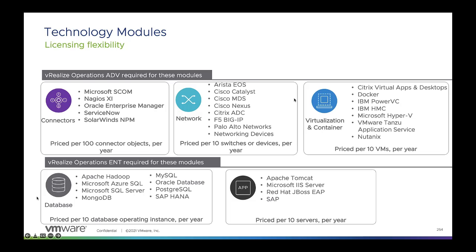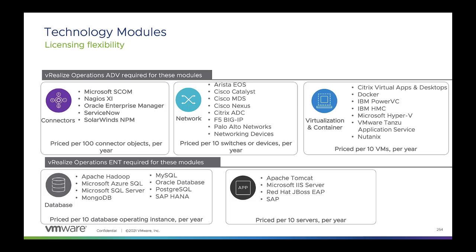So if someone just wanted all the networking features, maybe from the management pack for networking devices or just Cisco, we can purchase just the network technology module and get just those management packs that are part of that module, and not have to worry about getting the connectors or virtualization or databases or applications. So we can just pick out modules for more flexibility.